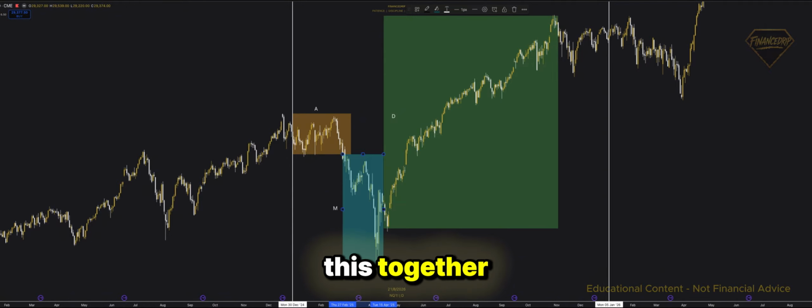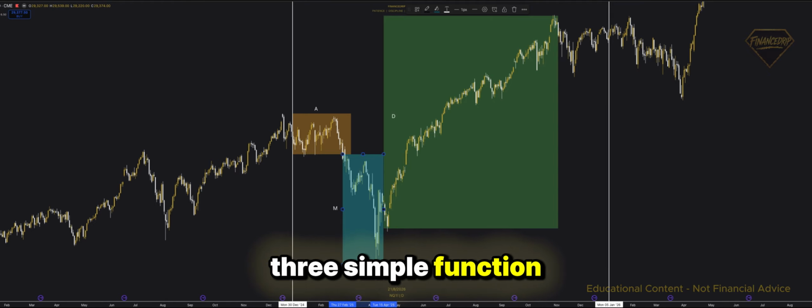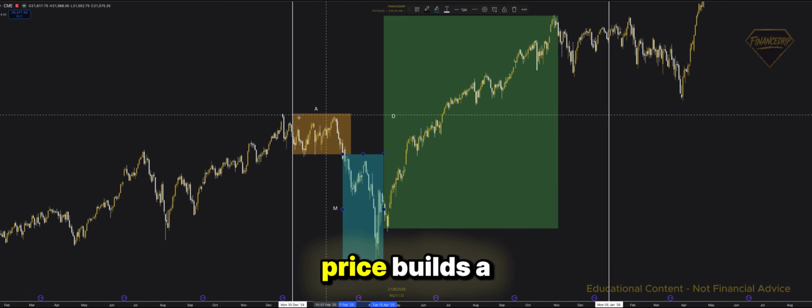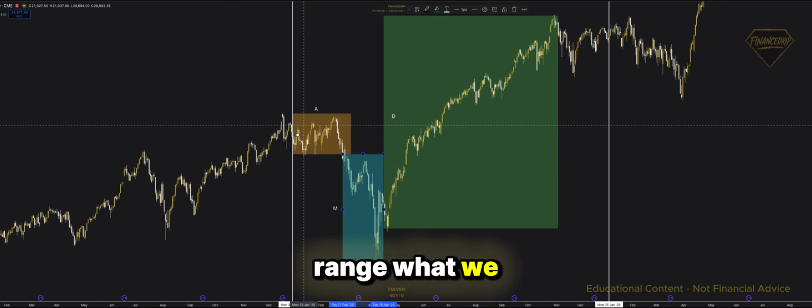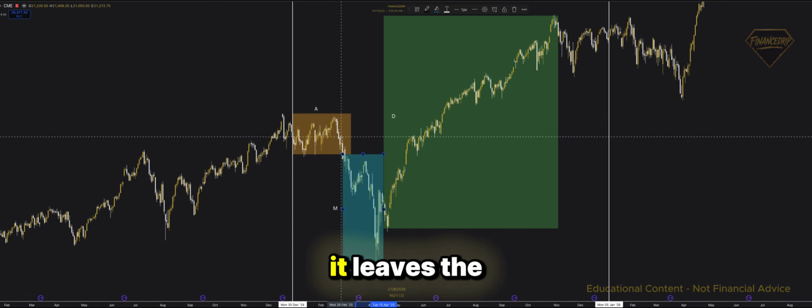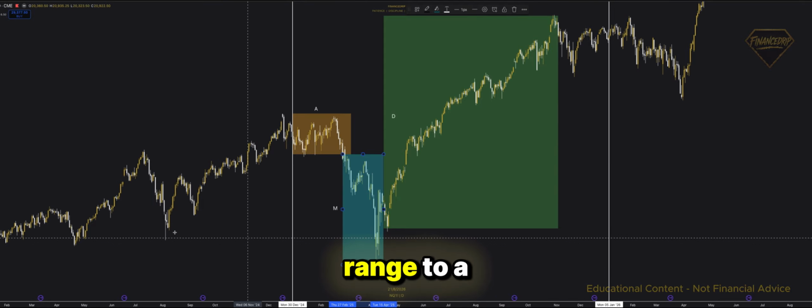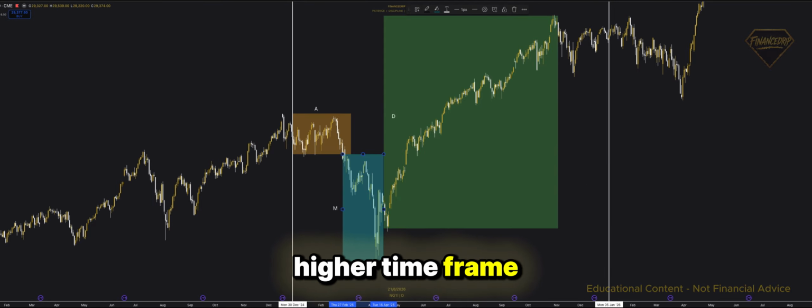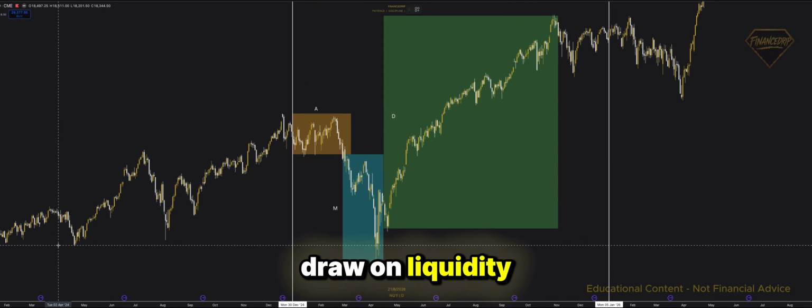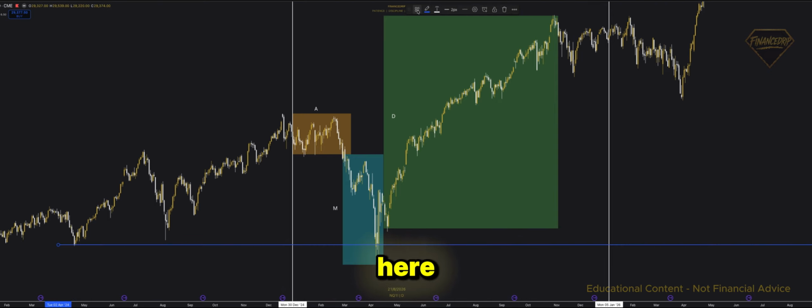So let's bring this together. AMD gives us three simple functions. Price builds a range, what we call accumulation. It leaves the range to a higher time frame draw on liquidity. We had this one here.